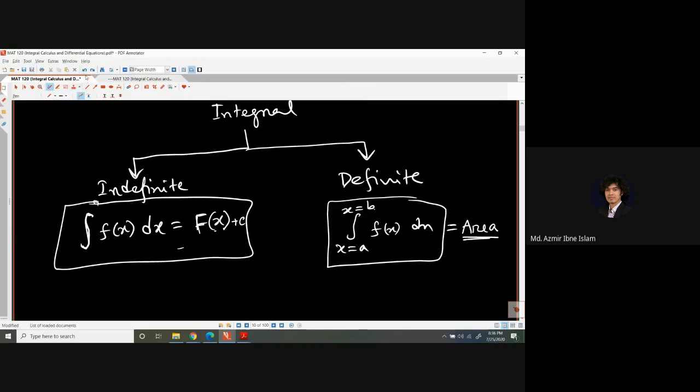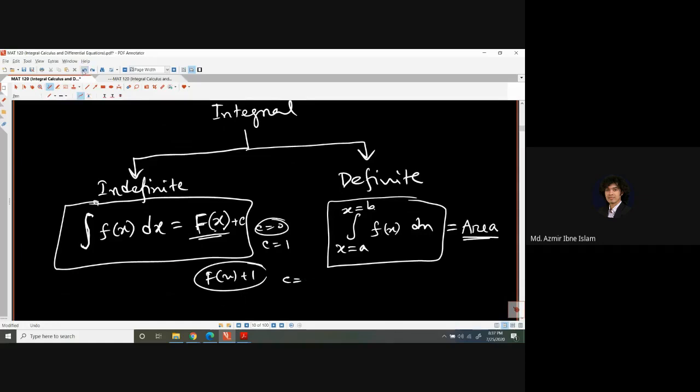That means it may be a function f(x) if c equal to 0. If c equal to 1, we will get f(x) plus 1, that is another function. If c equal to negative 2, we will get f(x) minus 2, that will be another function. So we are getting several functions.